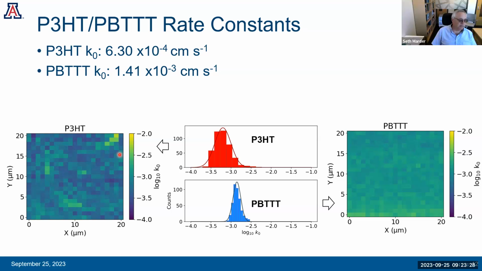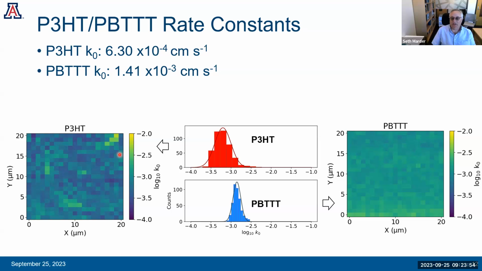A couple of quick comments. You're raising something that I didn't even consider, and that is that the hotspots he's seeing in the P3HT are actually due to the ITO. I didn't consider that in part because if that was what was governing the hotspots, I would expect to have seen that in the PB/TTT as well.